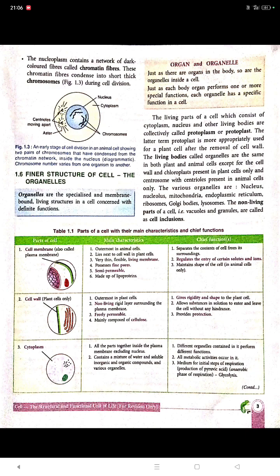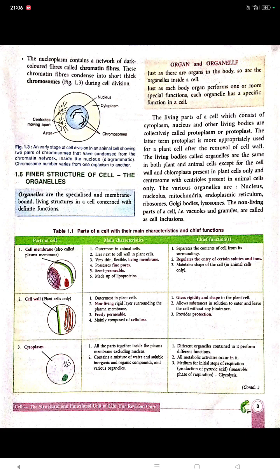Okay. The cell membrane, also called the plasma membrane. Here they will ask, what is the other name of the cell membrane? You have to answer: plasma membrane. Okay, let's see the main characteristics of the cell membrane. It is the outermost layer in animal cells.